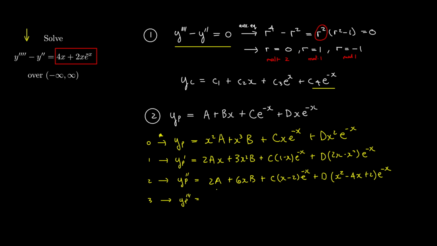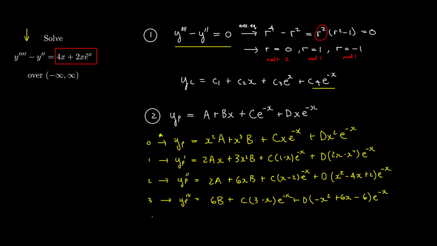And here the constant falls away, so we just end up with 6b because the x here falls away. So 6b plus c times 3 minus x e to the negative x plus d times negative x squared plus 6x minus 6 e to the negative x.